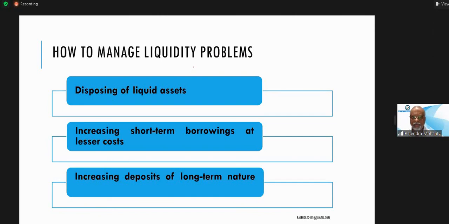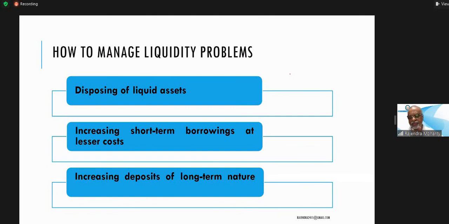So if you can do that, it will also ensure that the bank has a capacity in the market, that the bank is safe. If your liquidity management capacity is good enough, then your bank's reputation in the market will be that this bank is safe and therefore capable of repaying its borrowings.